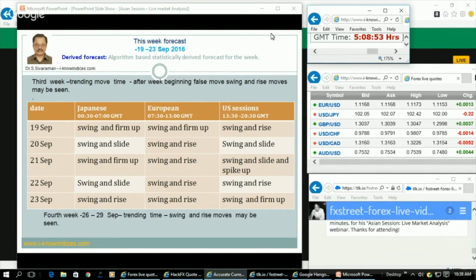That will happen slowly. Instead, if they quickly gain the levels and hit all the stops above the initial high, then understand that they want to make the slide. So always keep in mind quick moves are false moves. That means they are cheating moves. In order to trigger the emotions of the traders, they make such quick moves and such spikes.